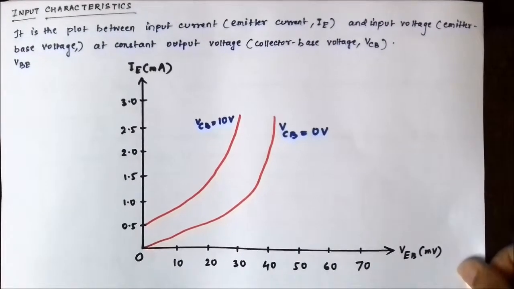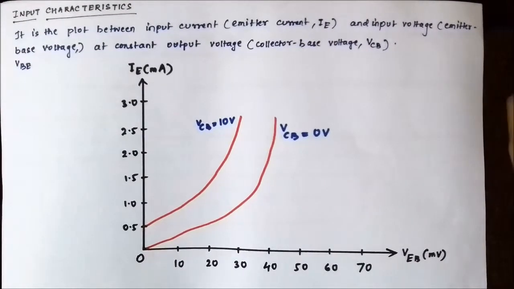Now in this VI characteristics, the input voltage VEB or the emitter base voltage is on the x-axis, the horizontal axis, and the input current or emitter current is on the y-axis or the vertical axis.